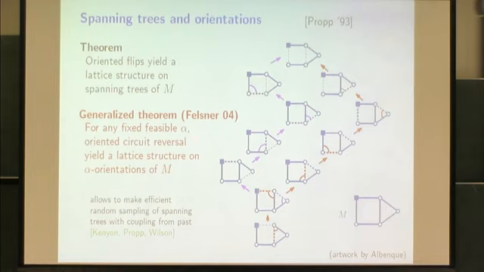That is, if you take any map with a function alpha that you can realize, for which there exists an orientation, then all the alpha orientations on this map are organized in this lattice structure by cycle reversals. And you can look more carefully at what the cover relation is and so on, and use this also to produce random sampling algorithms.